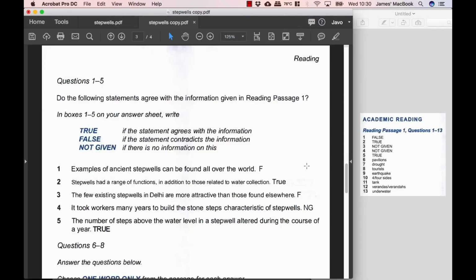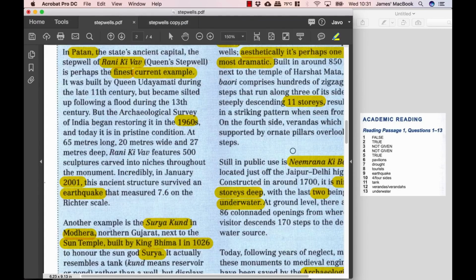Okay, so you can see the answers on the right hand side, and we'll just go through them and see how we can improve them if they are wrong. Okay, so number 1 is false, then that one is true, then you see that's the one I was a bit concerned about. More attractive than those found elsewhere. Still a little bit unfair, I think.